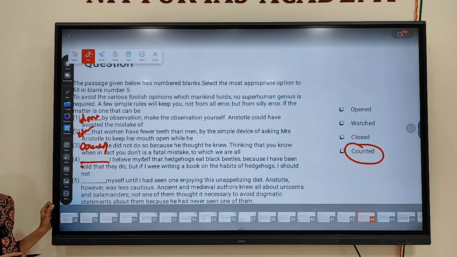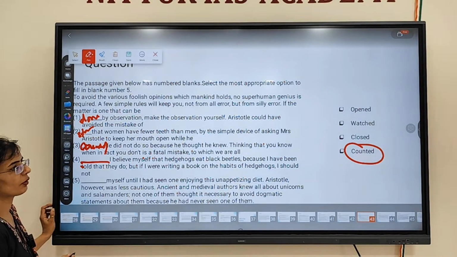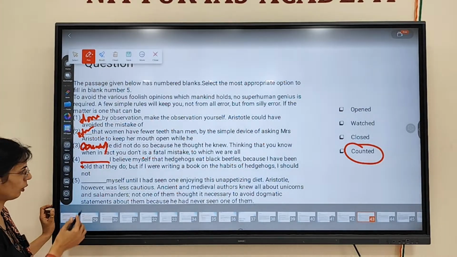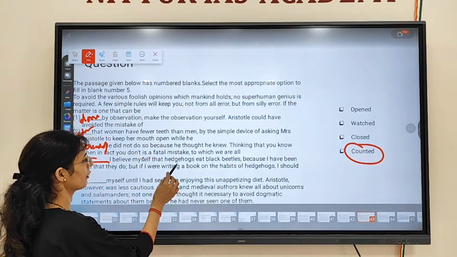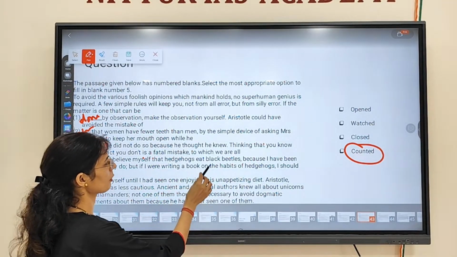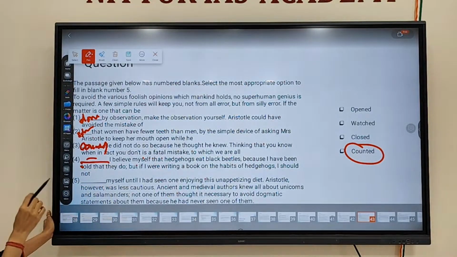What word should I put here? To which we are all. Okay. I believe myself that hedgehogs eat black beetles because I have been told that they do.